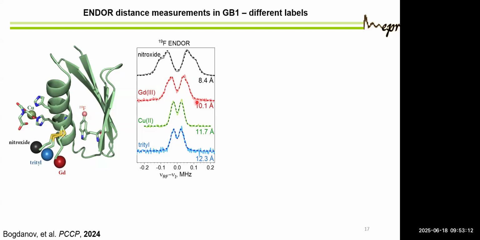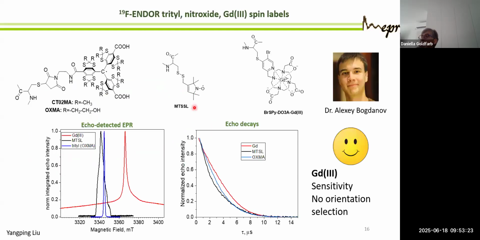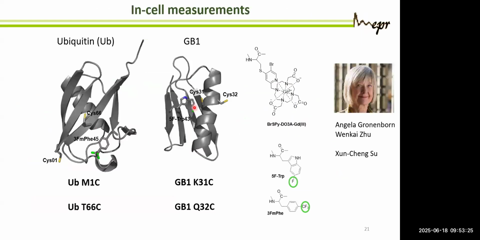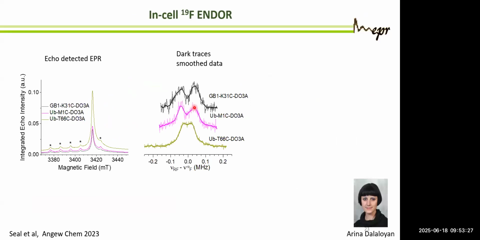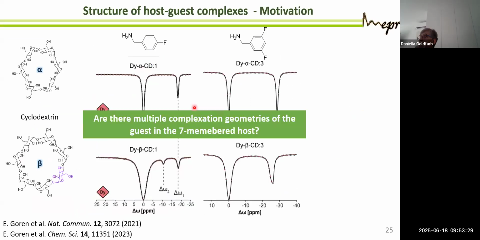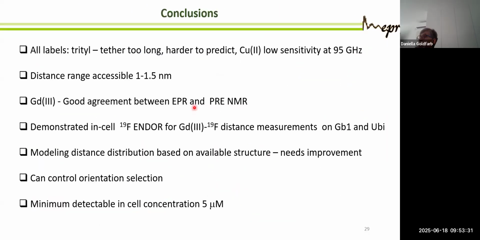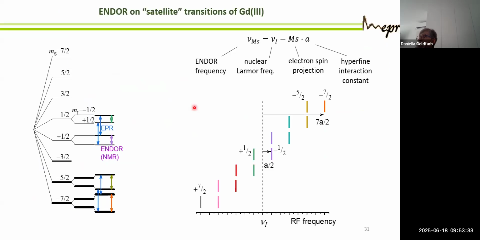Right, but you had this cyclodextrin example where you had like 10% of another conformation, and then maybe it's hard to distinguish, right? Yeah, but then I know exactly where they should be. If I know one, I know the others.